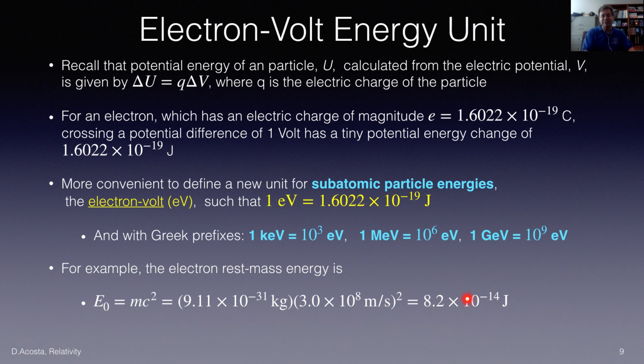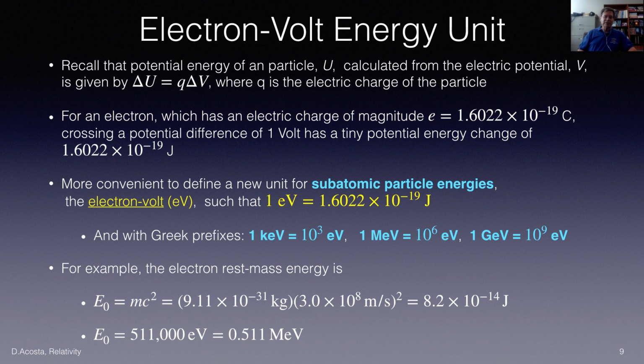So the end result is 8.2 times 10 to the minus 14 joules. Well, that's a pretty small number. What would it be in electron volts? The electron rest mass energy is 511,000 electron volts, which could be thought of as 511 keV or 0.511 MeV. So it's half a mega electron volt in rest mass energy. That's how you would use these Greek prefixes.